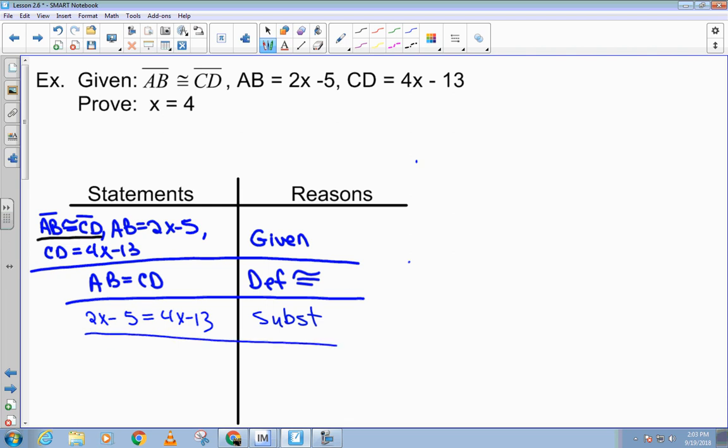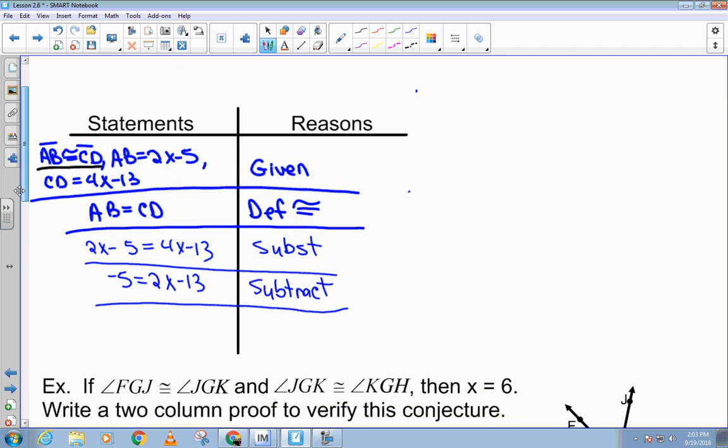Okay? So that gives me negative 5 equals 2x minus 13. And that's subtraction. Add 13. Okay, then we're going to add 13 to both sides. We have 8 equals 2x, so that's addition.